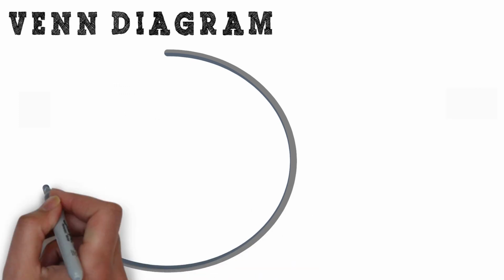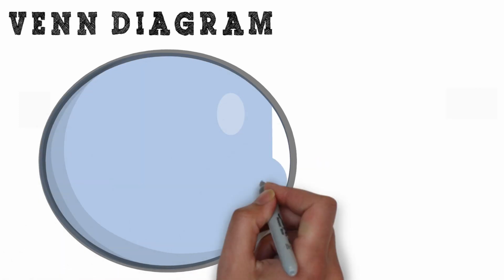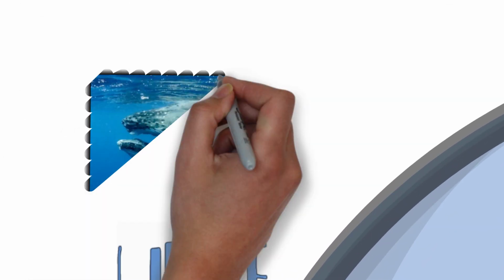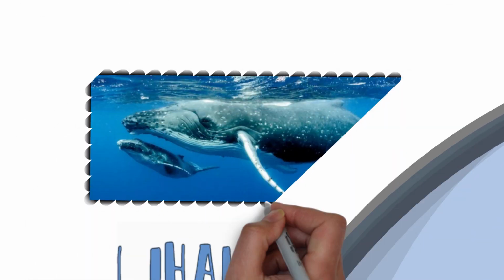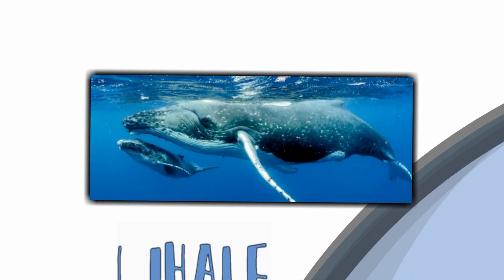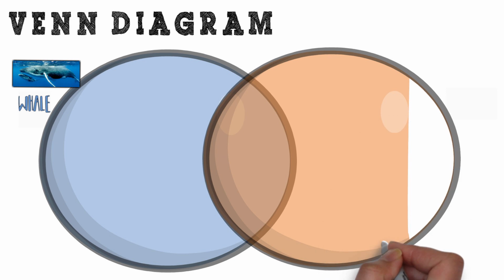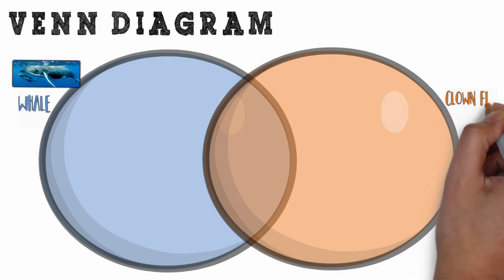Now, let's have an example of an application of a Venn diagram. Let's have a circle, and this circle is a set whose elements are characteristics of a whale. That's another circle representing characteristics of a clownfish.